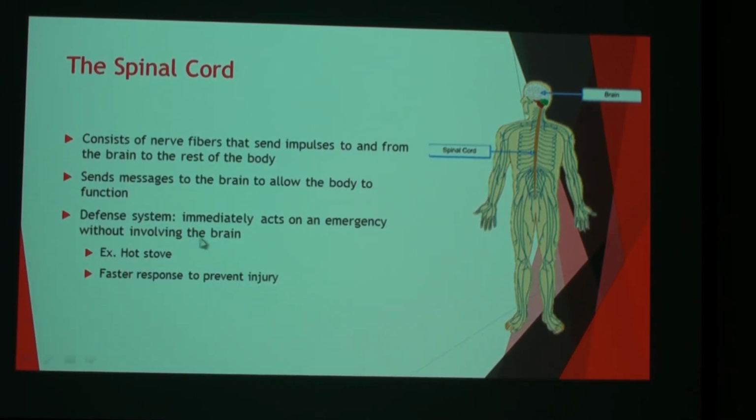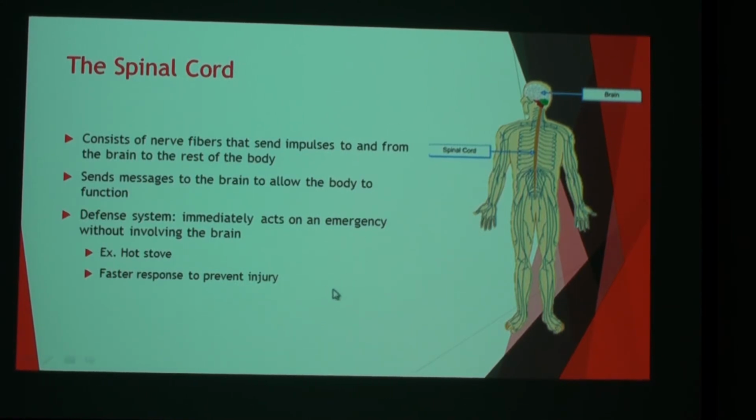It also has a defense mechanism or system which allows us to immediately act on an emergency without involving the brain. So for example, if you touch a hot stove, the neurons in your hand are gonna send a message really quickly, and it's gonna reach the spinal cord.